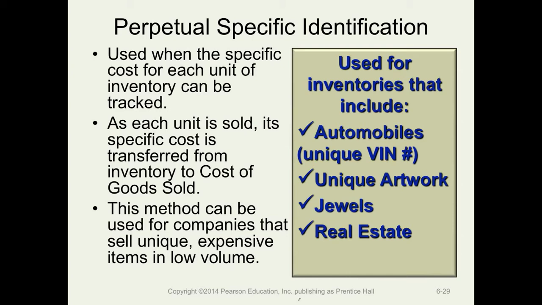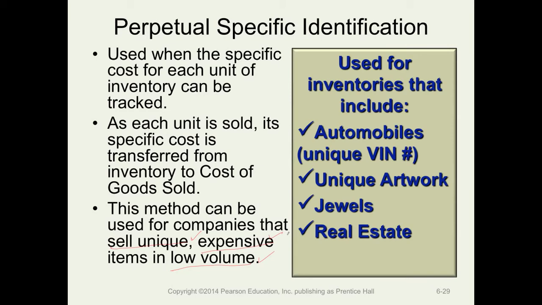Now, the first, specific identification. Specific identification does have some use. It is most useful when you have a company that sells a very low volume of high dollar items or unique items. So this is key, that you're selling unique items, expensive or very high dollar amounts, and at a very low volume.